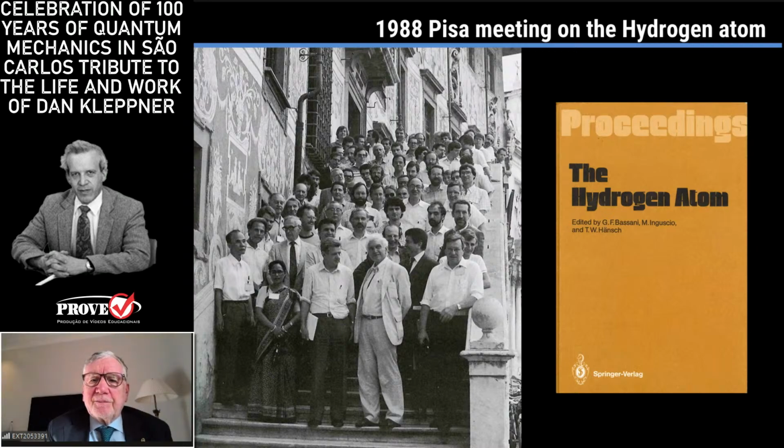Well, we organized, with the colleague Bassani from the Scuola Normale and with Ted Hänsch, a conference on the most fundamental atom, the hydrogen atom. Because, as you know, studying hydrogen allows you to discover new physics and fundamental aspects of science.